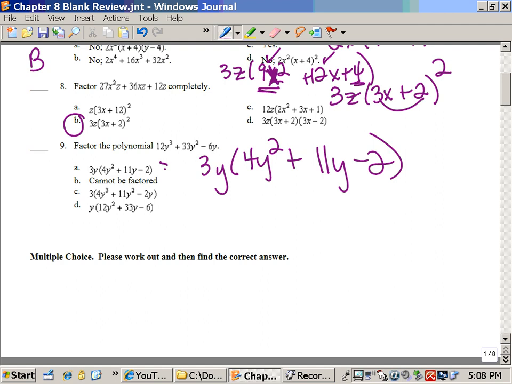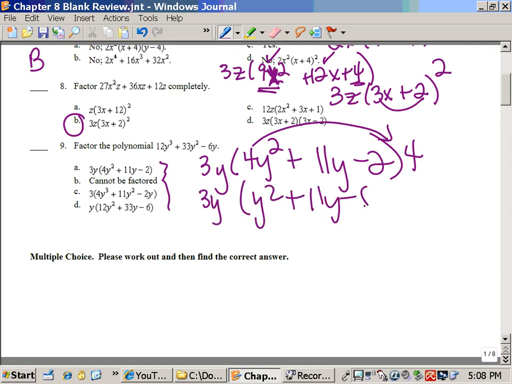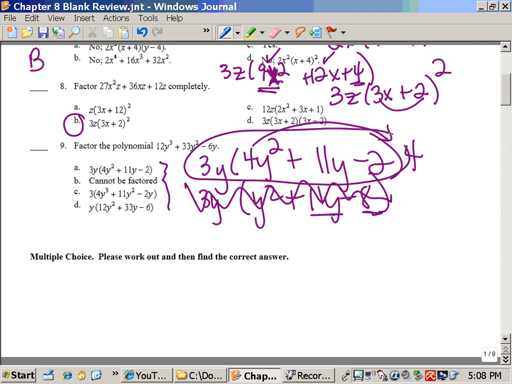It looks like it might not work because there's nothing there, but I'm going to try it. Slip the 4 over. That leaves me with 3y, y squared plus 11y minus 8. But at this point, I notice that nothing will multiply to give me 8 and add to give me 11. Therefore, I am just going to cross this part out, and this is your solution because it cannot go any further.